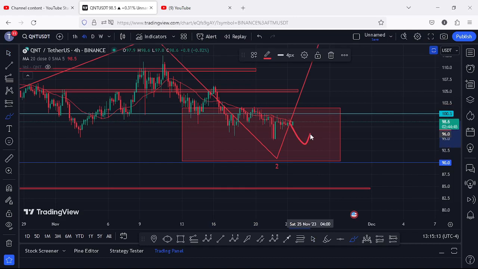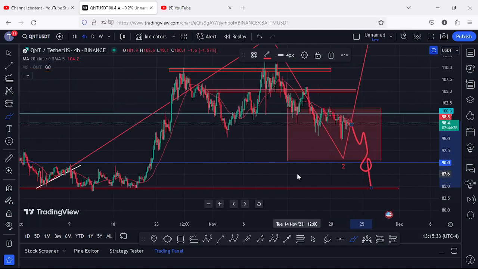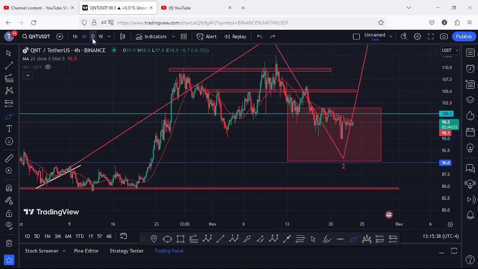And in case such a movement plays out, then we need to see QNT continue holding above the $90 mark, which is our significant area of support, because if by any chance we lose the $90 mark, then that will be suggesting a more bearish scenario where we can easily see a reset of the lows that we made at around the $84.5 mark. That is something that we need to have in mind.